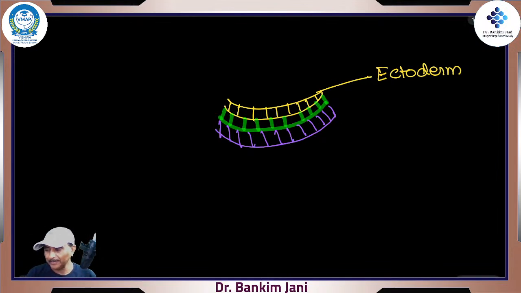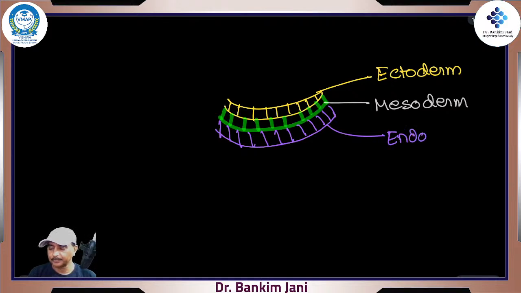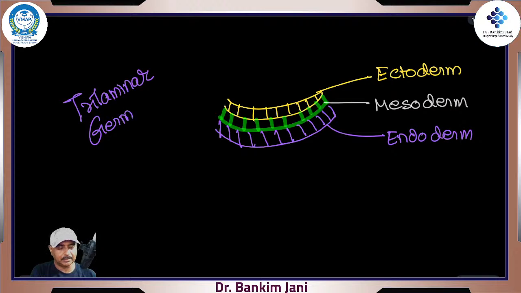Fine, right? Okay, so that is the ectoderm, and this one is the mesoderm, and this lower one would be the endoderm. So we have ectoderm, endoderm, and mesoderm. Now we have the right to call this a trilaminar, that is, three-layer germ disc.